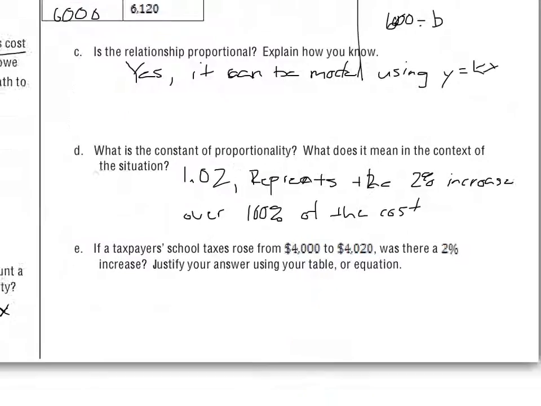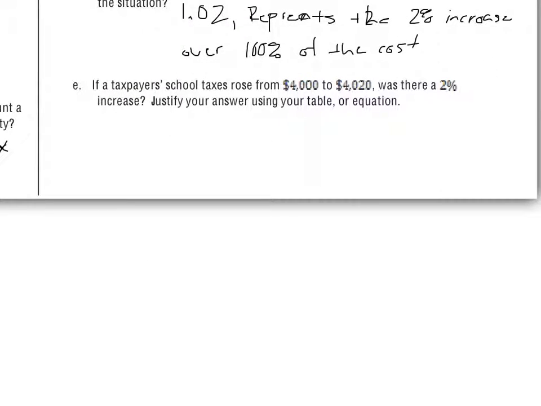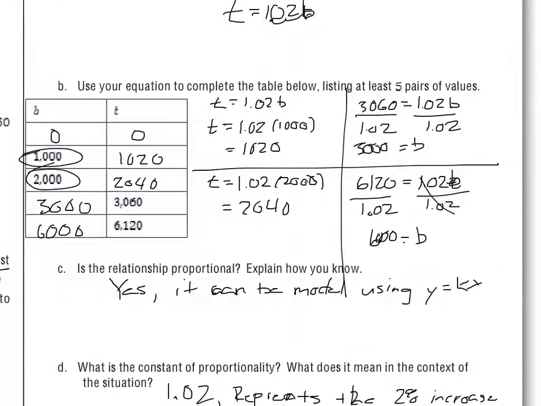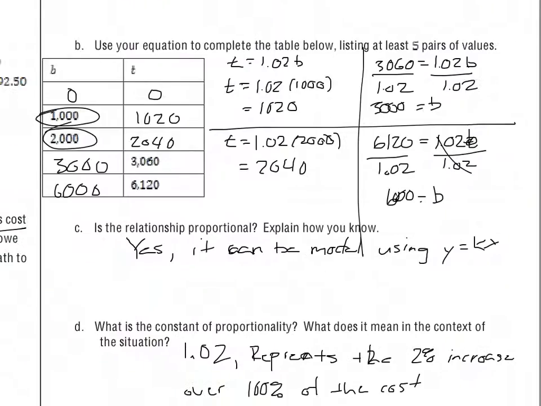All right. If the taxpayers' school taxes rose from 4,000 to 4,020, was there a 2% increase? Justify your answer using a table or equation. So for me, my thought is I'm going to use the equation. I'm just going to plug one of those two values into the equation and solve for what the correct pair should be.